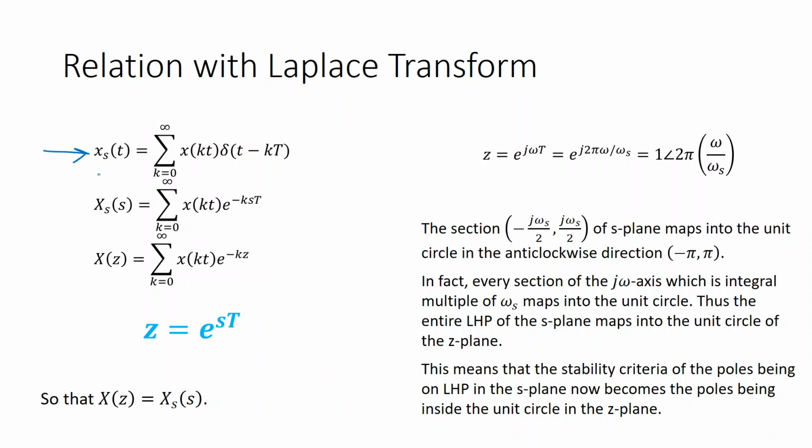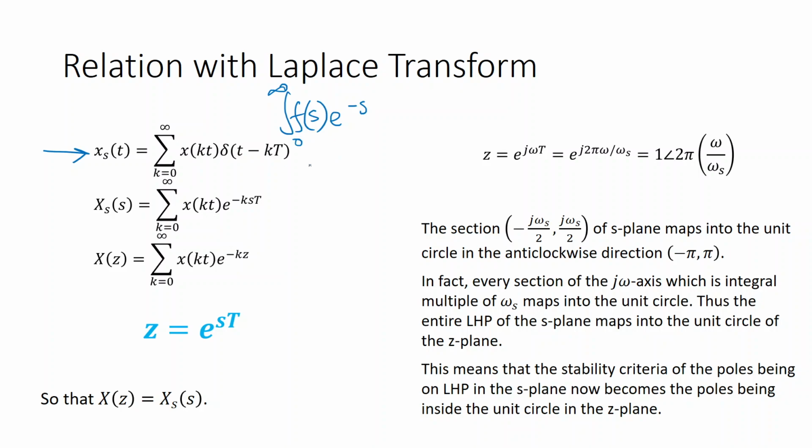If you take the Laplace transform of this sampled signal, then what you are doing is basically multiplying this signal with e to the power of minus kTs, because for any function you are multiplying with e to the power minus st and then integrating in order to find out the Laplace transform.